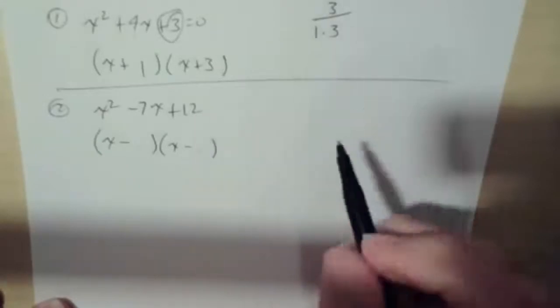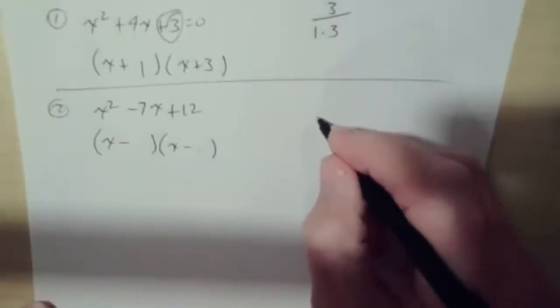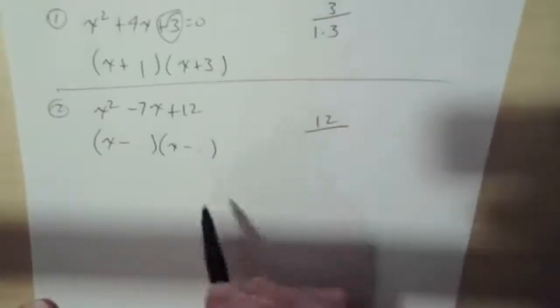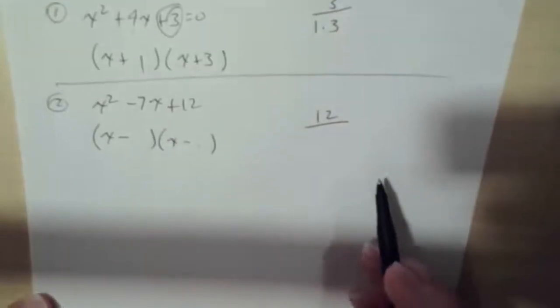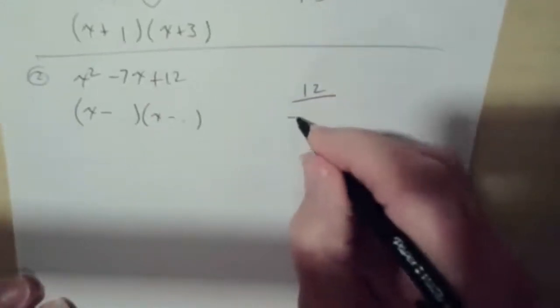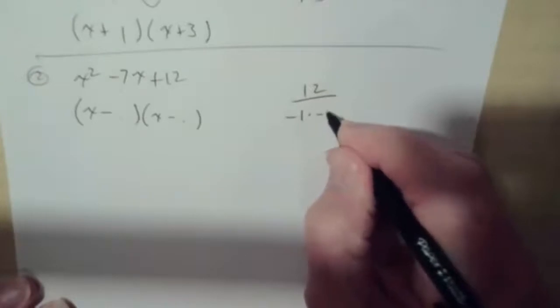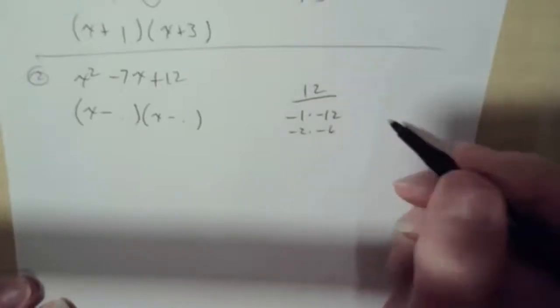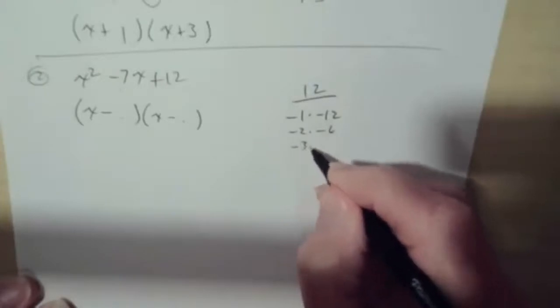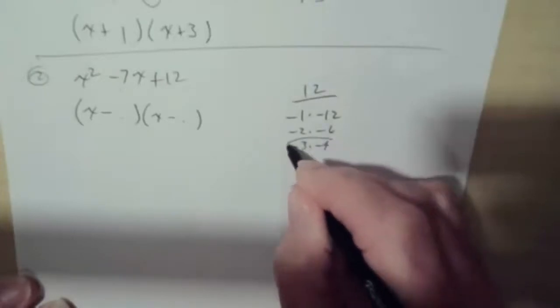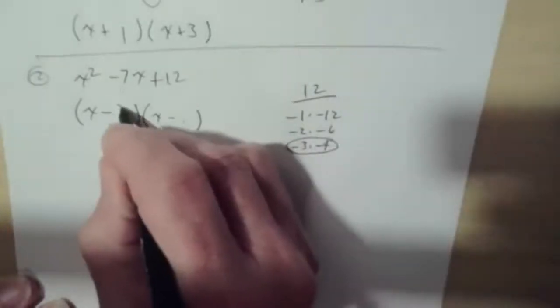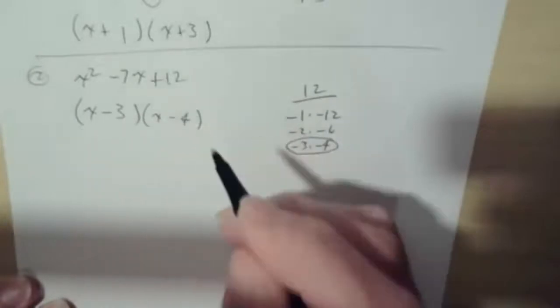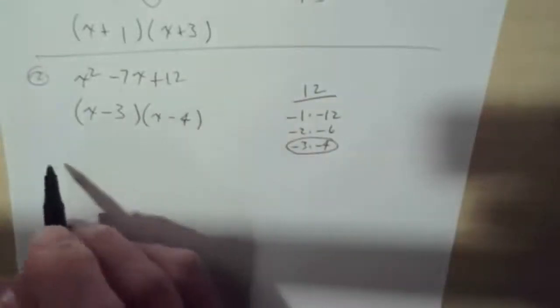Now, what are the factors of 12 that combine together to give us negative 7? Negative 1 times negative 12? No. Negative 2 times negative 6? No. Negative 3 times negative 4? Yes. Negative 3, negative 4 is negative 7.